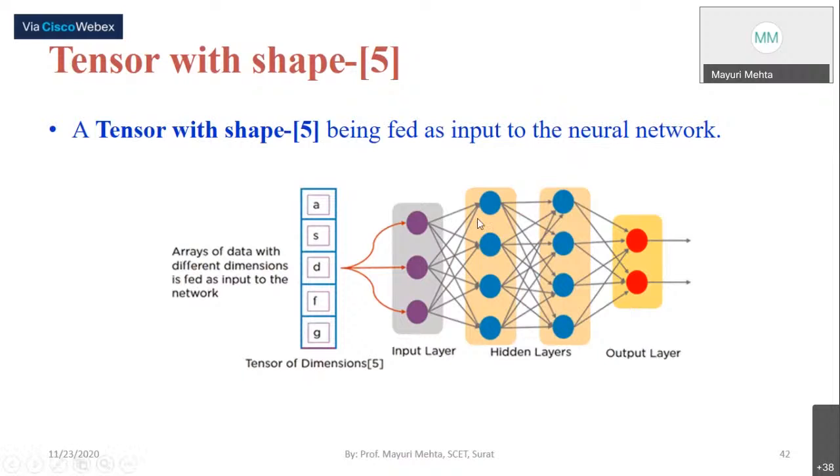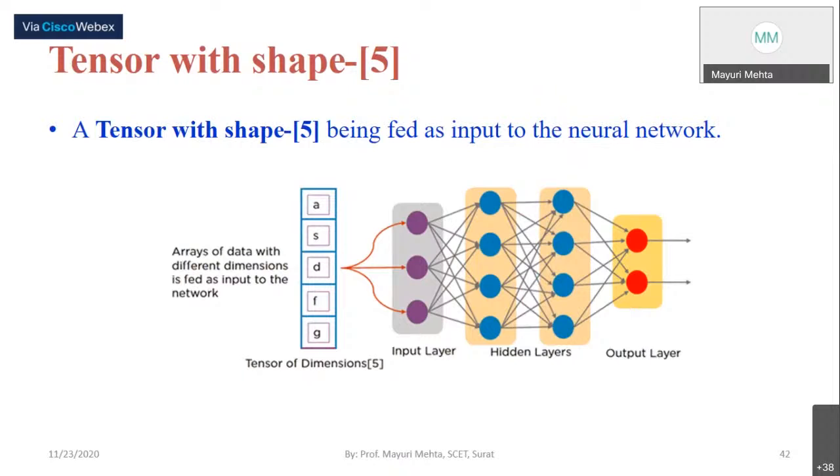Suppose this is your model and you have data. Generally we want to feed data, either text data or audio or video or images, right? We know that even if it is an image, we convert that image into numerical form, and that numerical data is fed to the neural network.